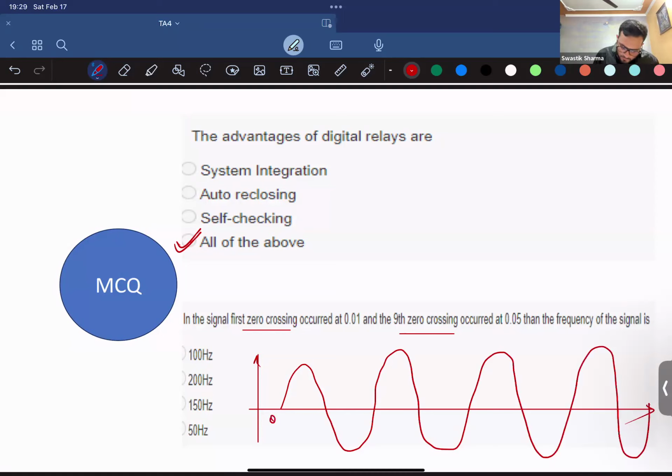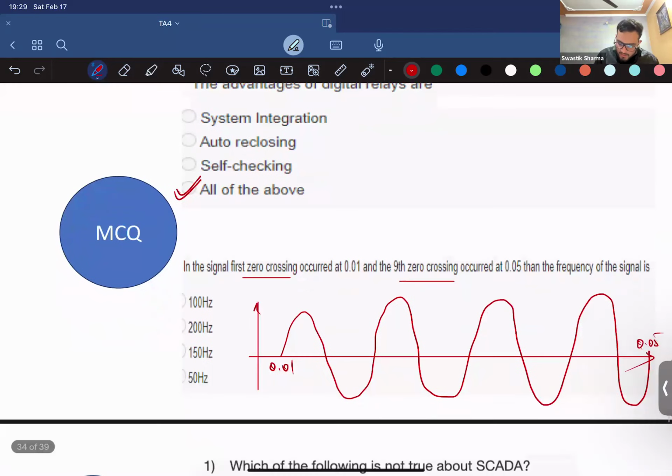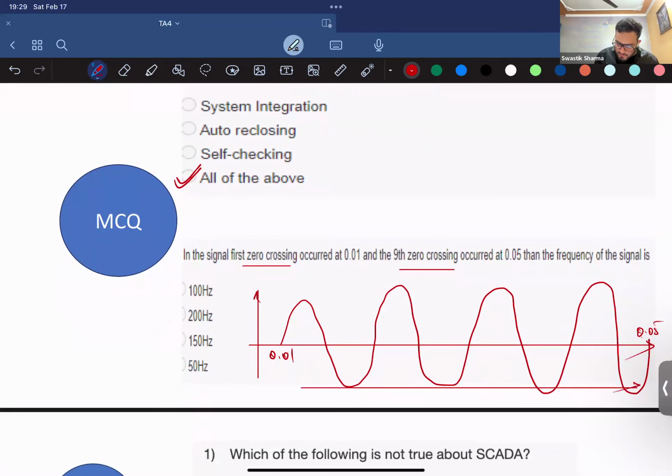So this was 0.01. This was 0.05. In between them, there was a 0.04 difference in total of 8 zero crossings. So that means each crossing happened at which interval? It was 0.005, right?